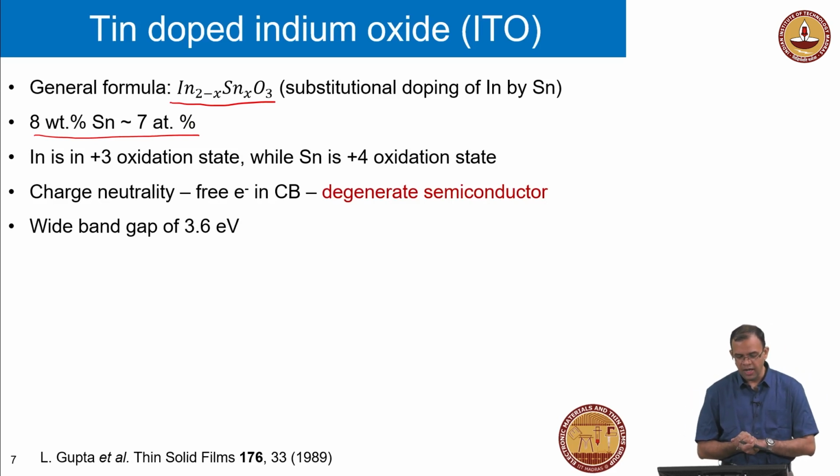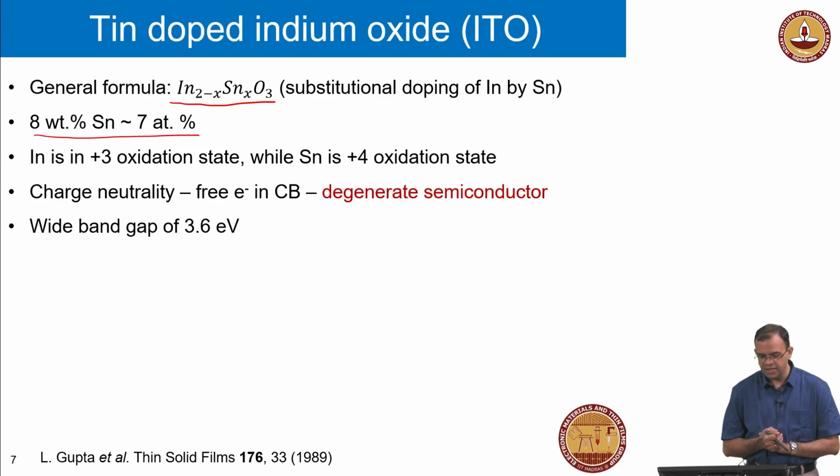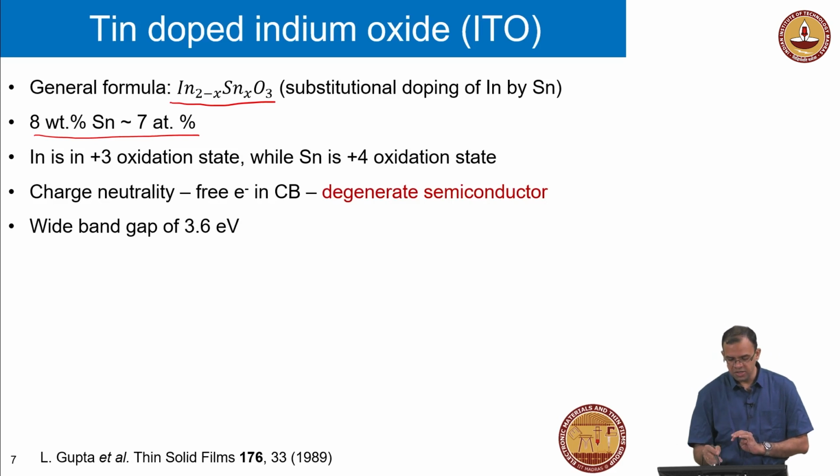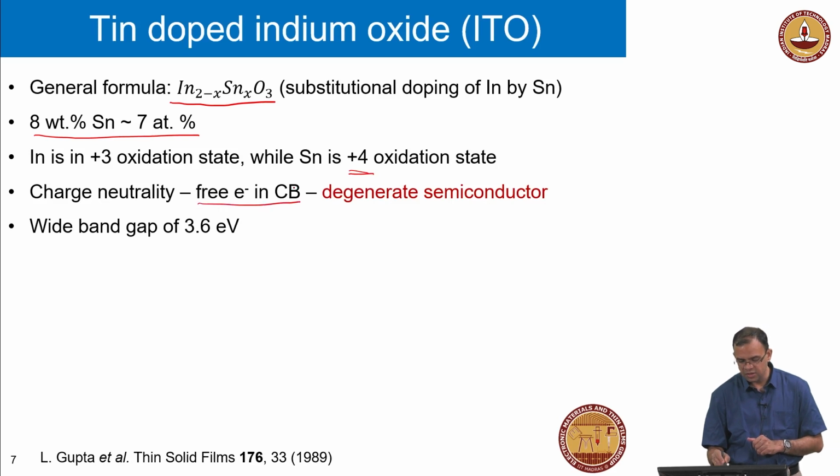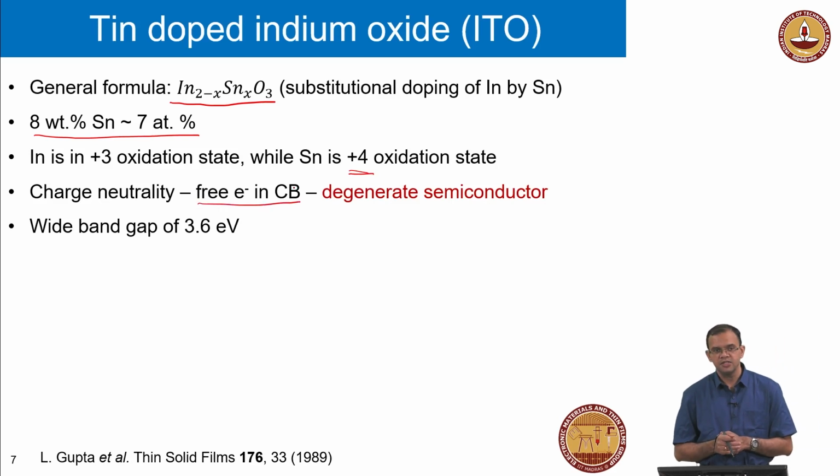To understand what happens, we just look at the oxidation state. So indium is in the +3 oxidation state. If I were to replace an indium by tin, tin is in the +4 oxidation state. So when we do this, in order to maintain the charge neutrality, we need excess electrons, and these excess electrons are essentially found in the conduction band.